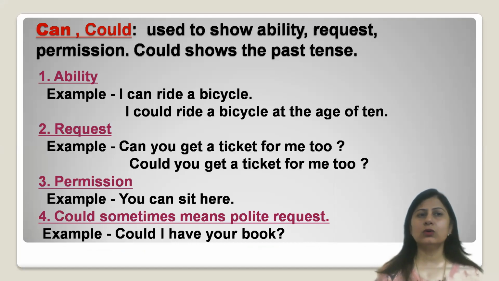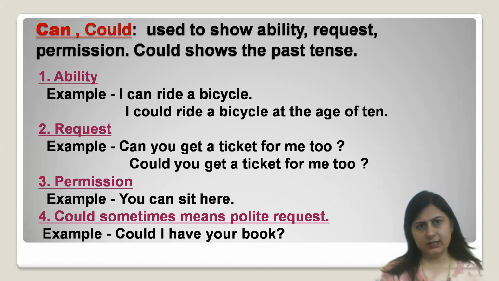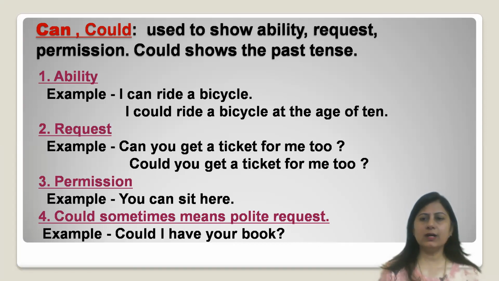Like can or could. Can or could are used to show ability, request, or permission. Could is used in past tense and can is used in present tense. Past of can can be taken as could. First, if it is showing ability, we can say, I can ride a bicycle.